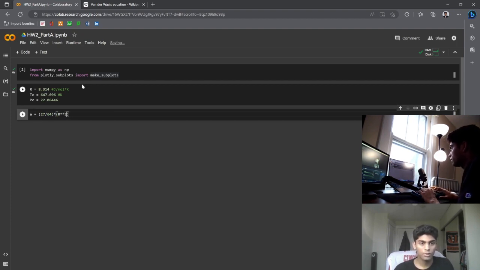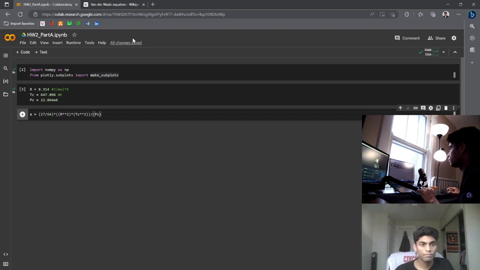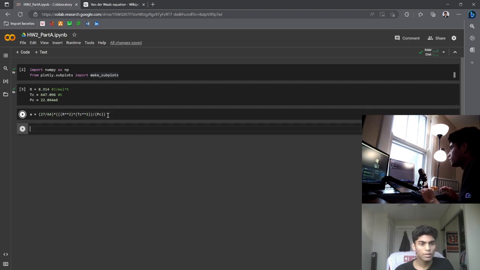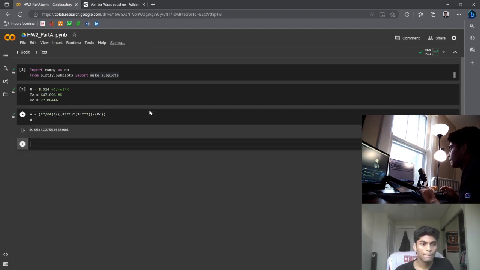R squared times TC squared all over PC. Yeah, I think that's right. Yep. So if we were to get our A constant, we get 0.553, some odd numbers.